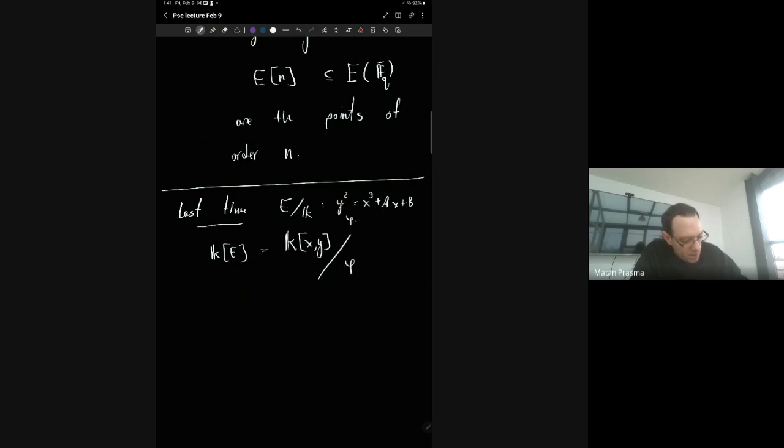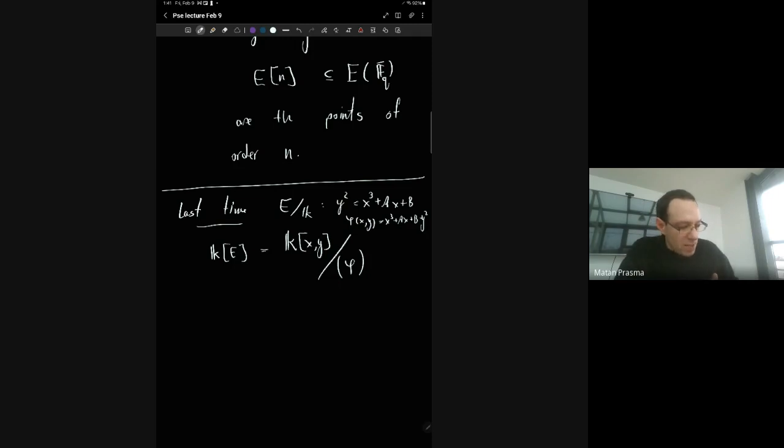Let's say phi is x cubed plus ax plus b minus y squared. And to say that I mod out, I told you that it is analogous to mod phi arithmetic that we had in one variable.